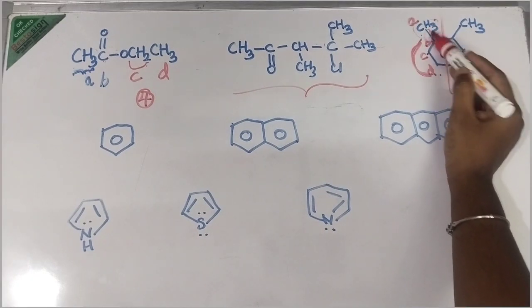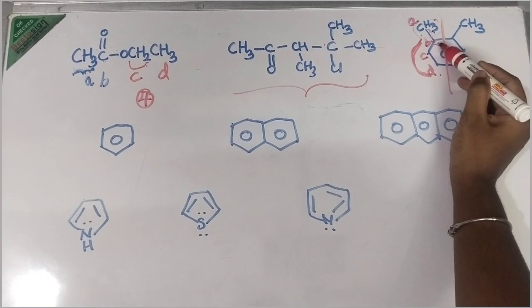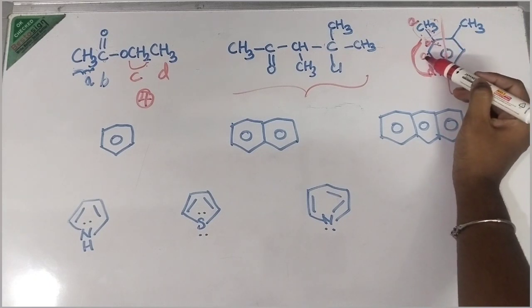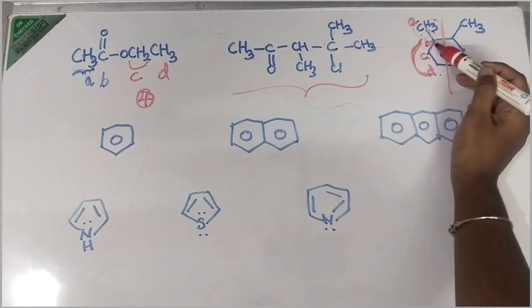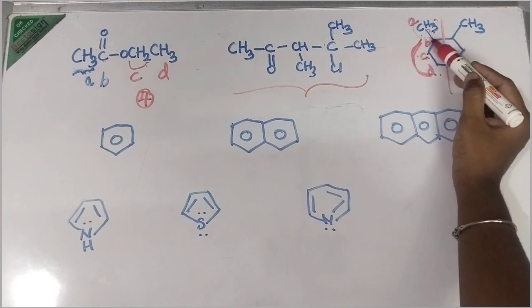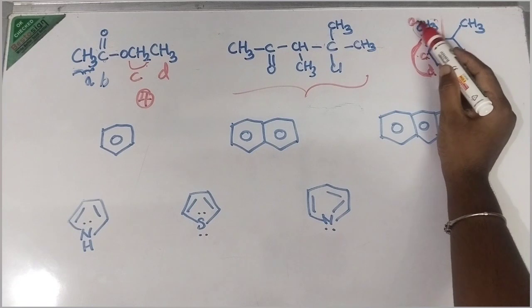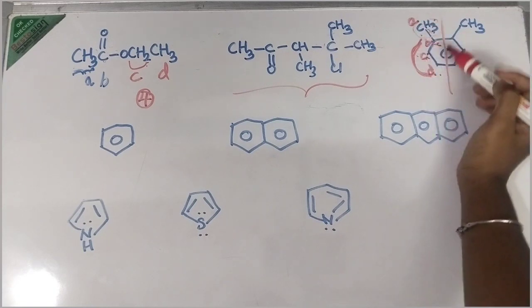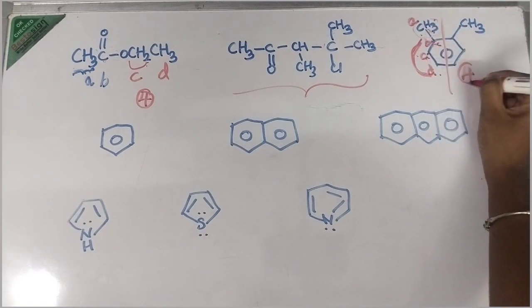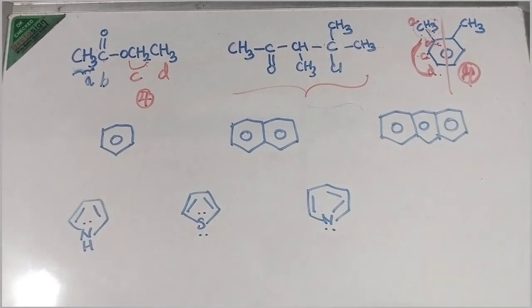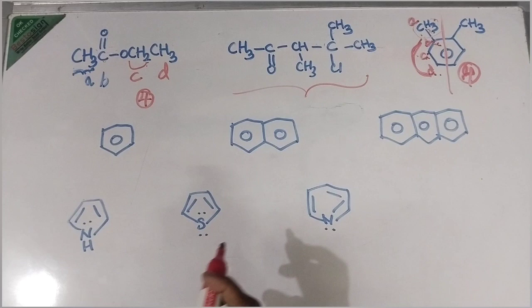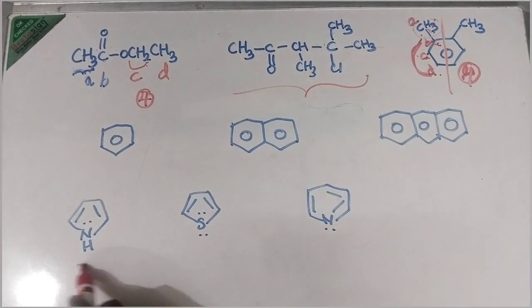This methyl group is attached to this carbon, right? So this carbon is different from this carbon, and this carbon is closer to this carbon, but it is far away. Hence you get 3 signals, B, C, D. And this methyl group also has a carbon, right? So you will get 4 signals for this compound, right? Now see here in this case, these are all very simple, right?